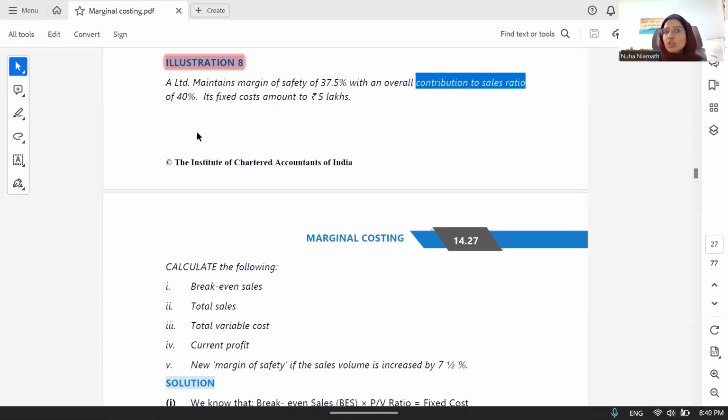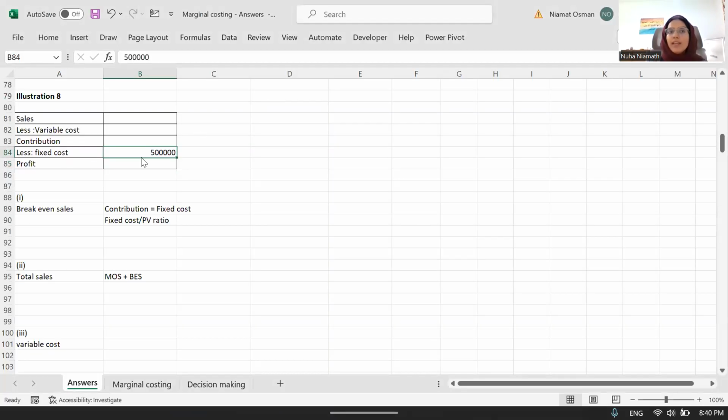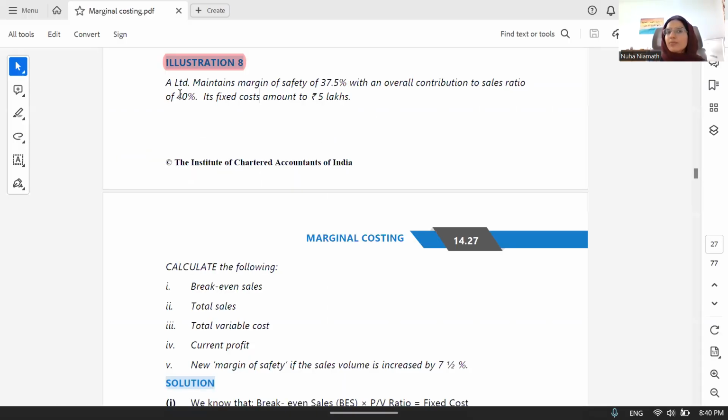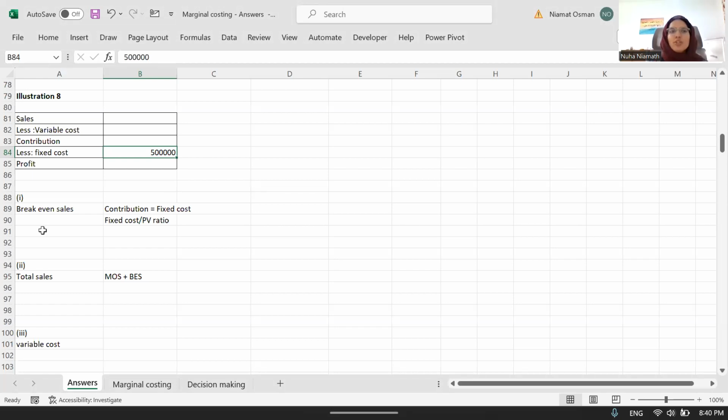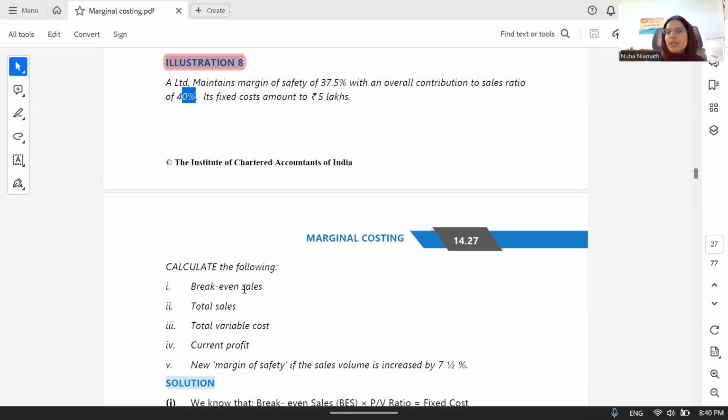So with the fixed cost and PV ratio, what can we get? Break-even point. Correct. Perfect.